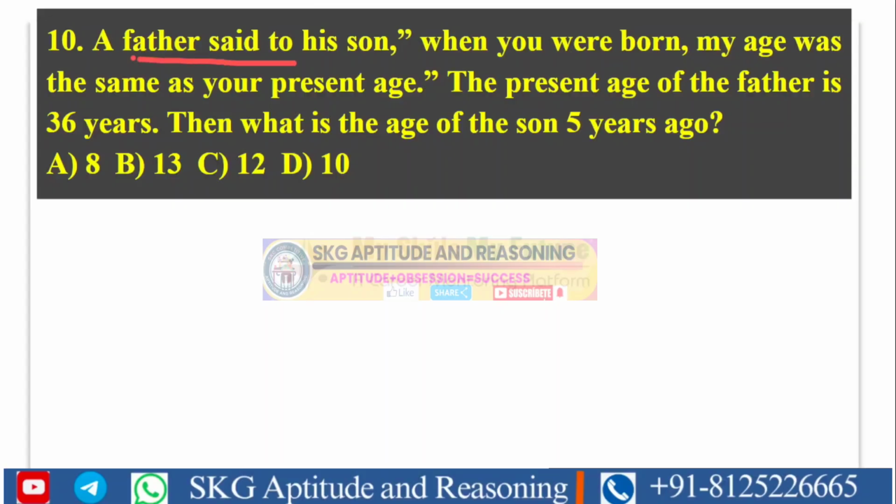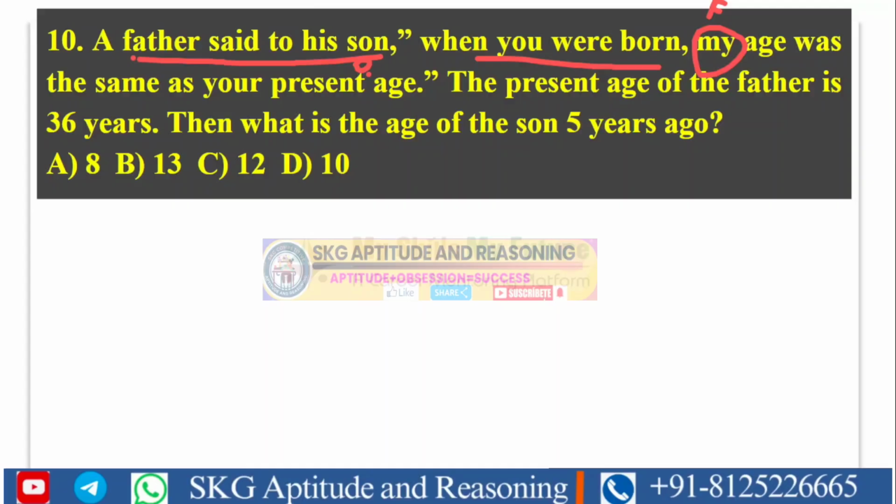A father said to his son, what he is saying means: when you were born, when the son was born, the son was 0 years, my age. So here my reference is the father. The father's age was the same as your present age.